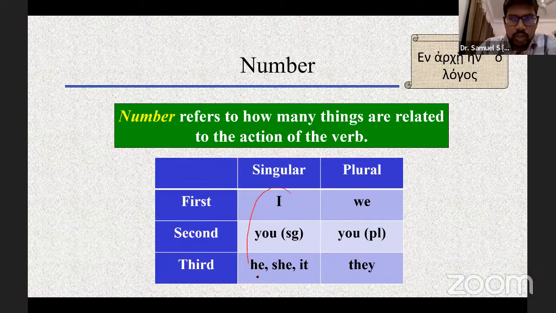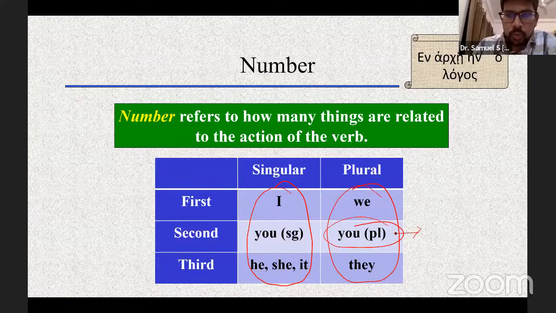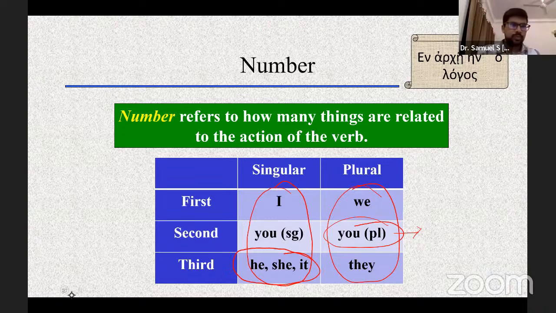And this needs to be imprinted in our minds. The moment we say second person plural, we should immediately know it's you, plural, where the subject is being spoken to. Whenever we say third person singular, we need to say he, she, it, where the subject is being spoken about.